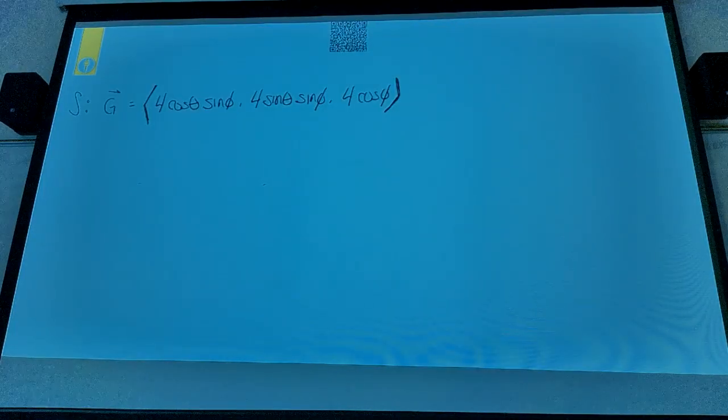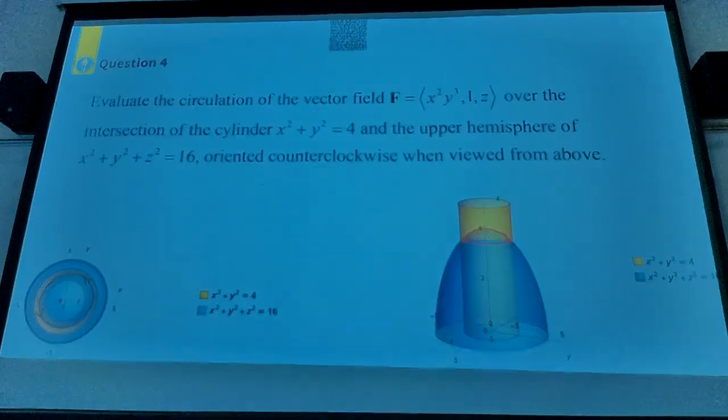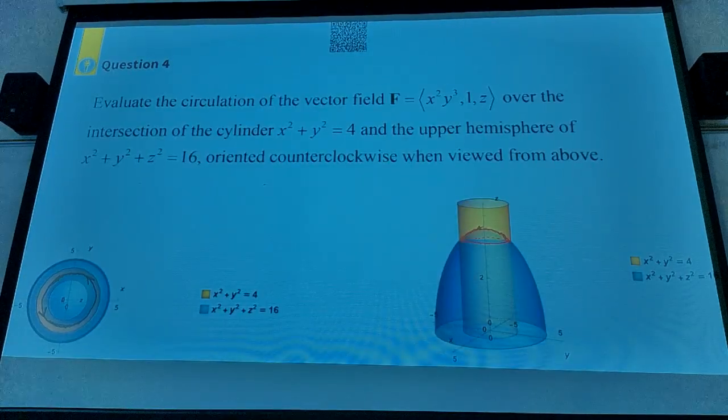Sphere of radius 4. If you go back, clearly your theta is not being restricted, right? It's going all the way around, it's a complete circle.